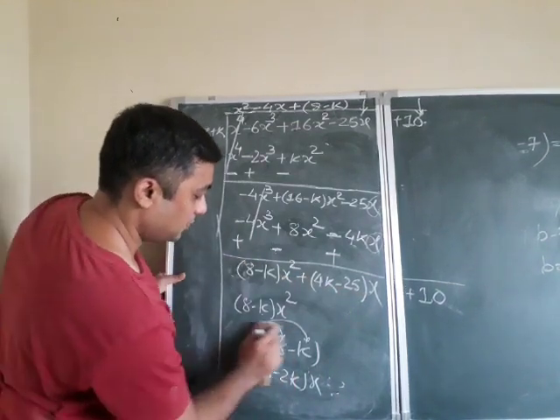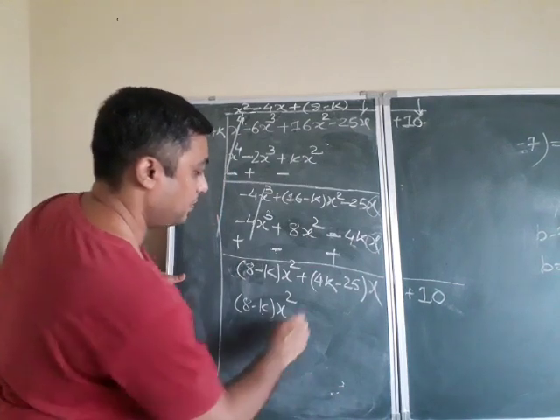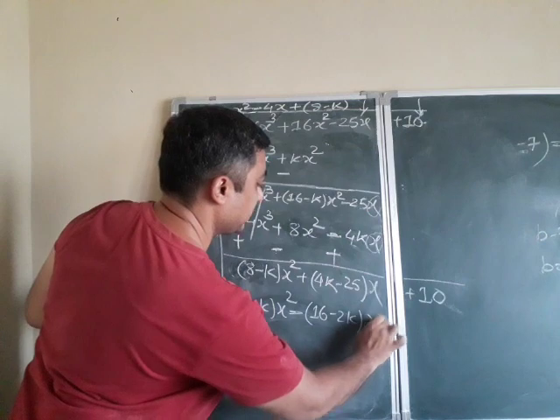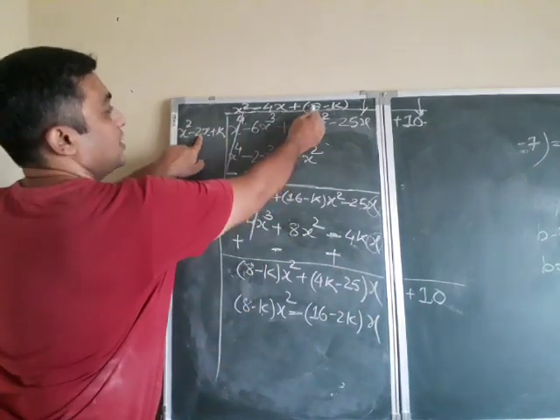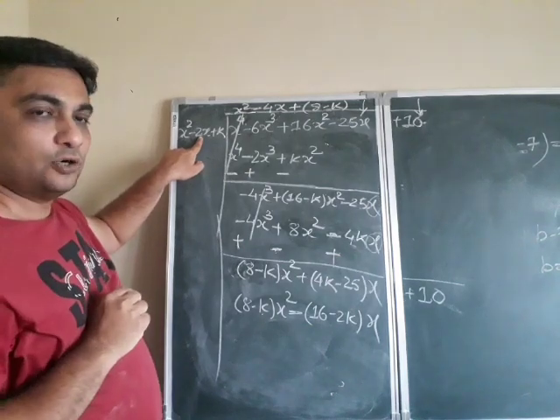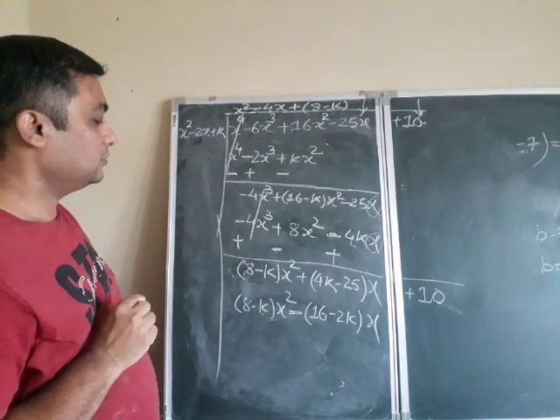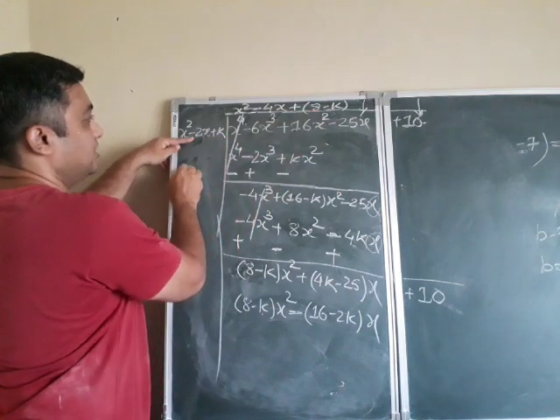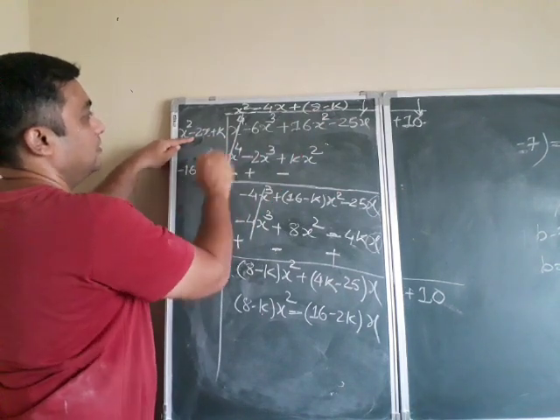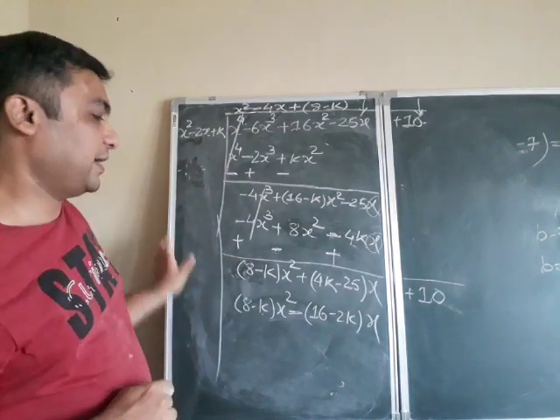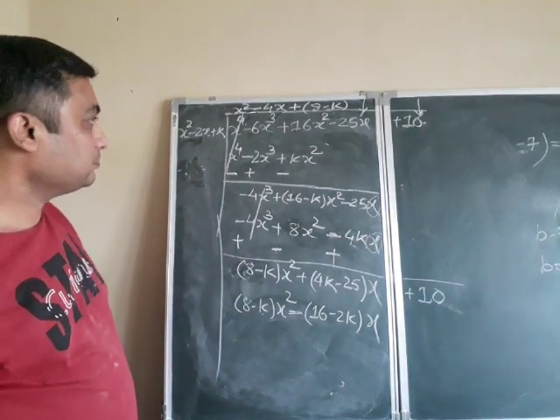Minus of 16 minus 2k of x. Okay? See, 8 2s are 16 and minus 2k. Minus 8 2s are minus 16 and minus minus plus. So minus I am getting common. Okay, fine.